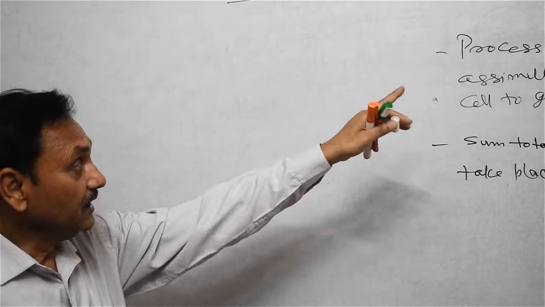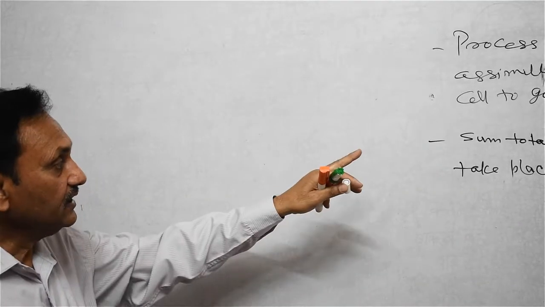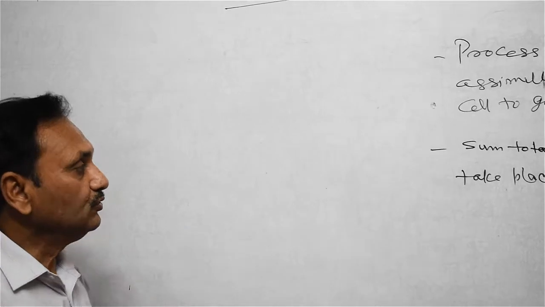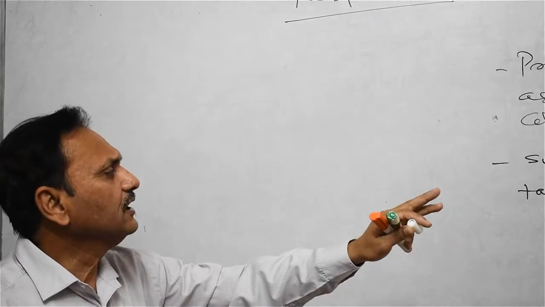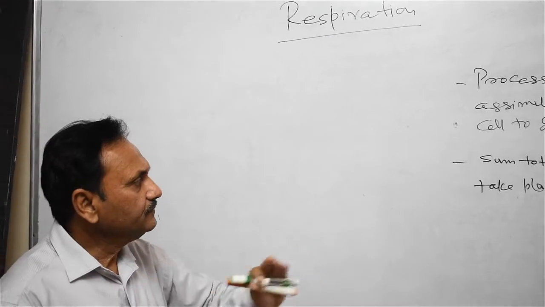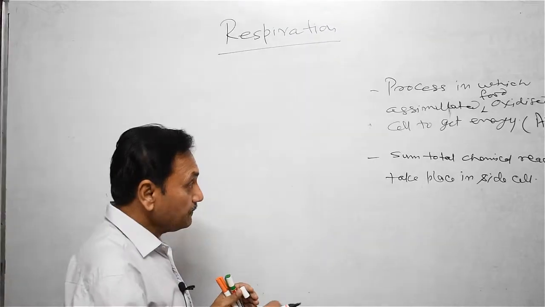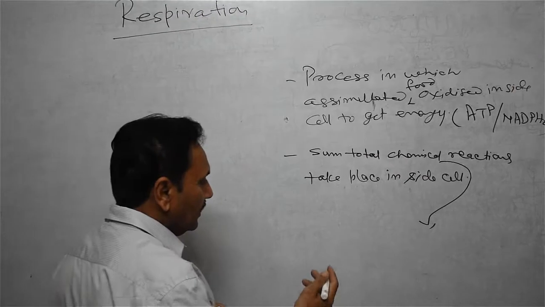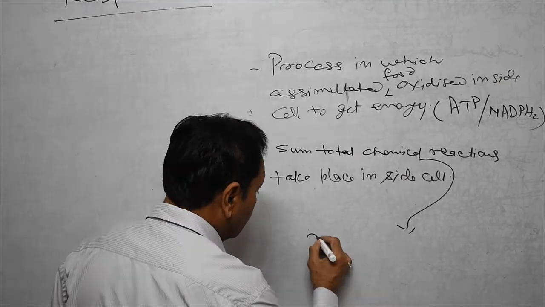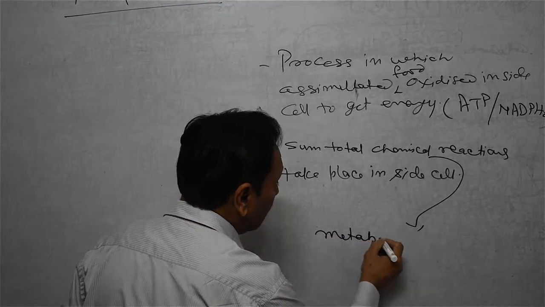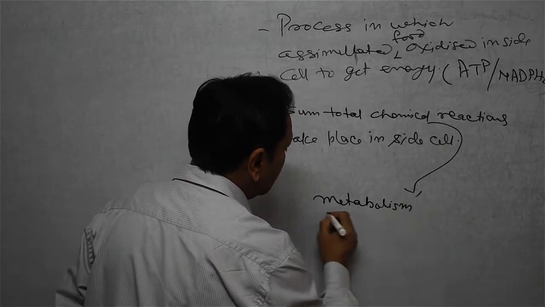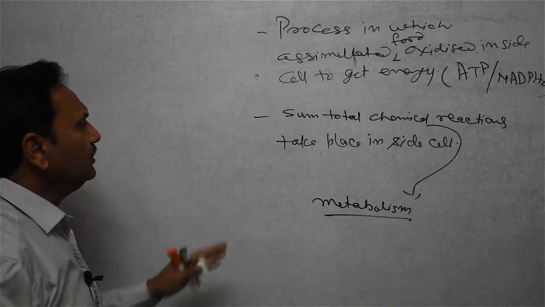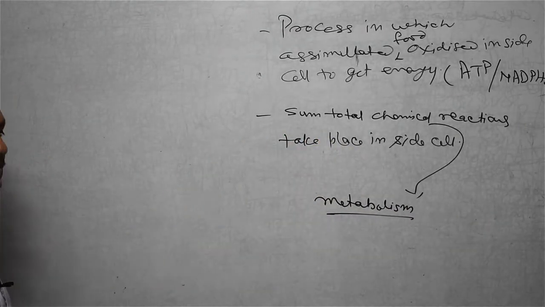Inside the cell, the assimilated food is present, and that assimilated food goes into chemical reactions. But these chemical reactions are overall called metabolism. So we can say that metabolism is the sum total of chemical reactions that take place inside the cell.